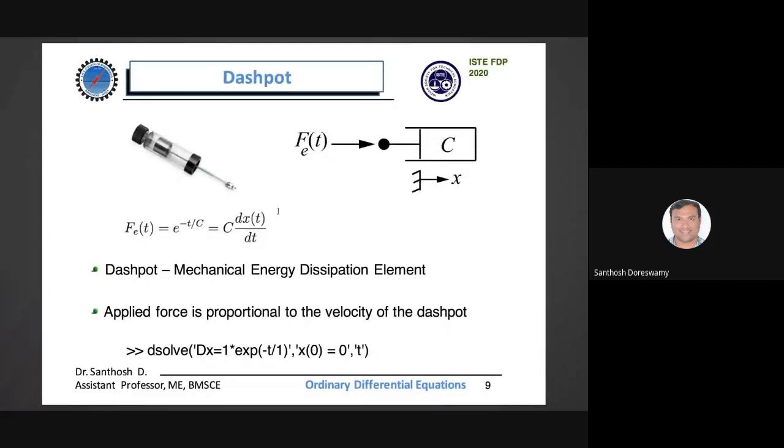Therefore, if I take that f of t, like we discussed in the last session, that there is this error force that is applied for a first order control system. Anyway, let us take that as an example here.